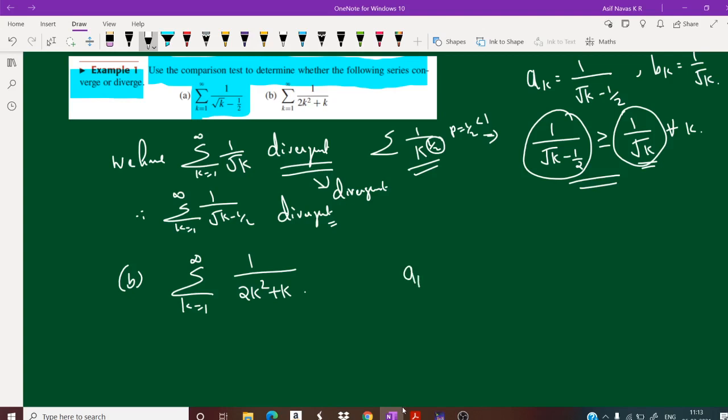Okay, I am taking ak equal to 1 by 2k square plus k. And what can you take as bk?